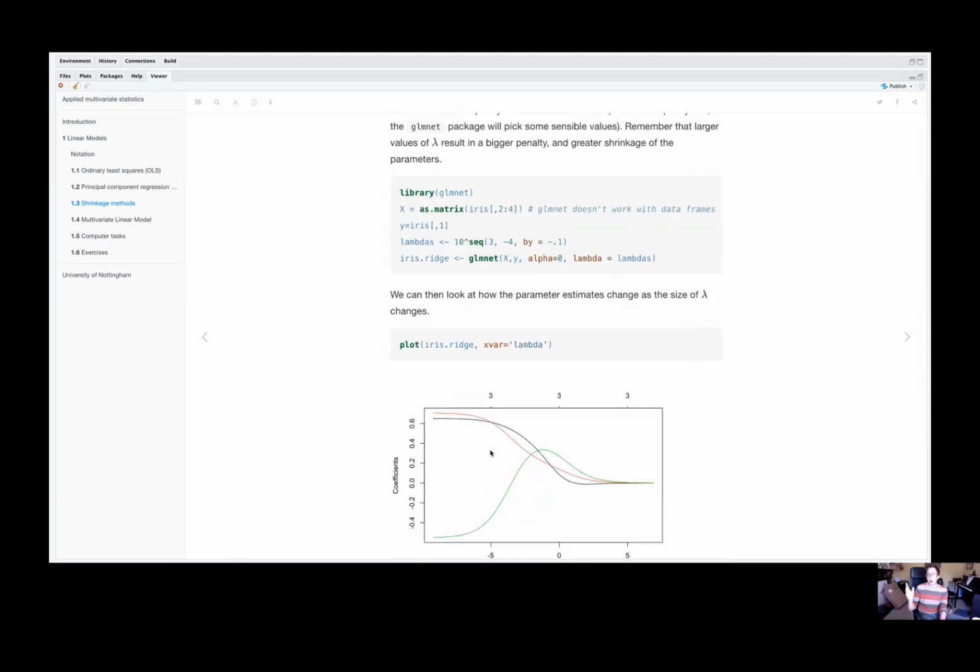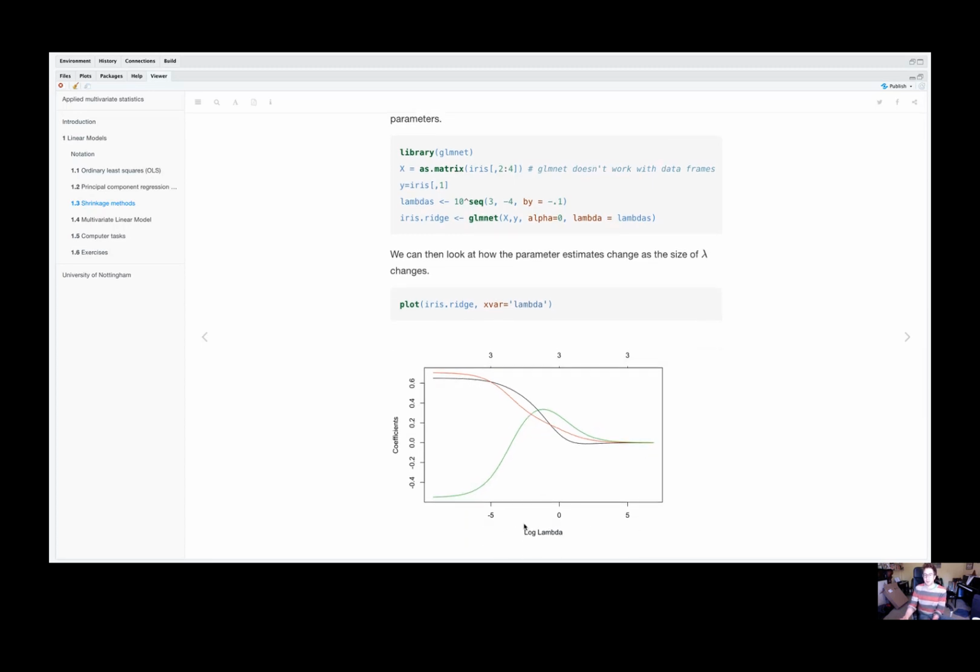And then what we get are parameter estimates for each possible value of lambda. So you can see that when lambda is very big, here I've plotted log lambda on the x-axis, you start with large values, and the parameters all shrink to 0. They start off at 0 here. And as lambda decreases, it gets smaller, we get back to the ordinary least squares estimators.